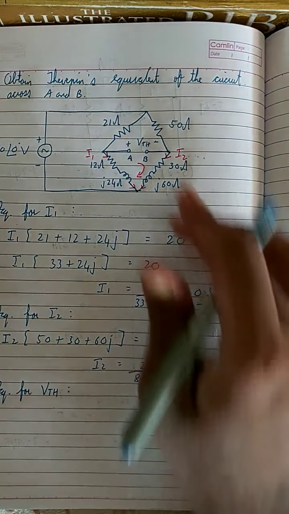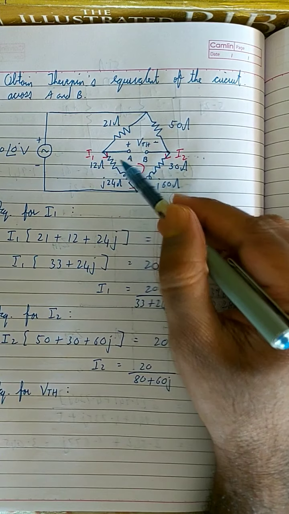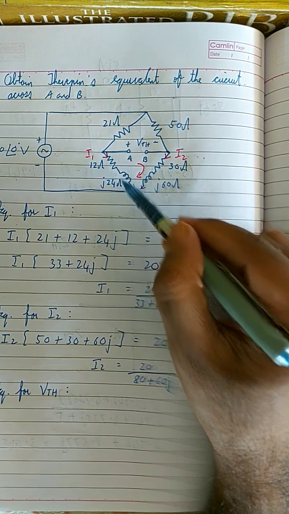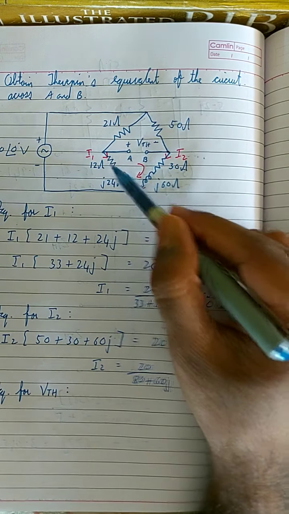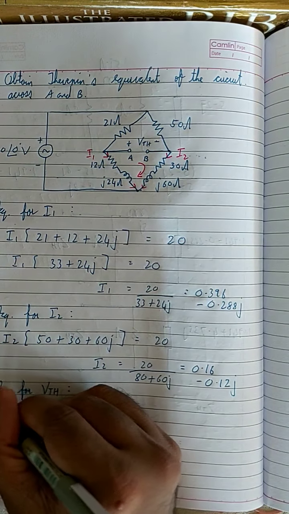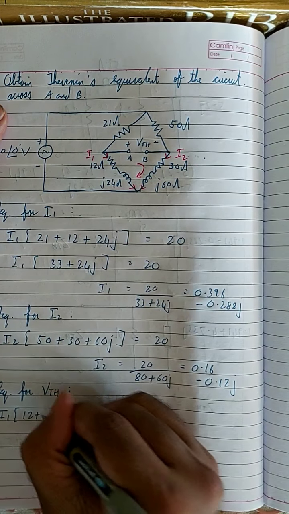Equation for VTH. In terms of I1, you see I1 is flowing downwards, but this pink current is flowing upwards, which means they are opposite of each other, so it is minus I1 into (12 plus 24J).